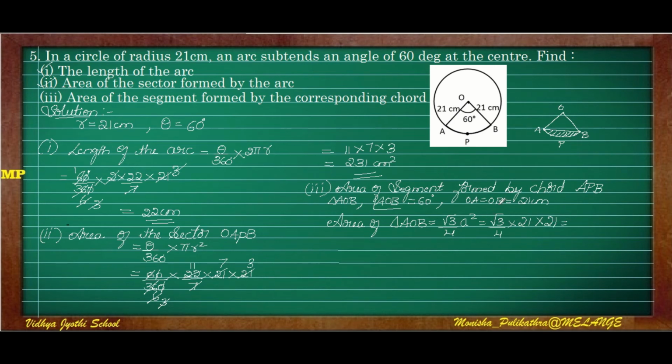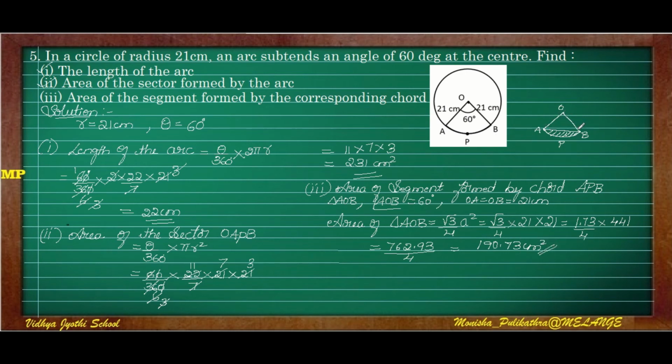We know the value of root 3 is 1.73, divided by 4, into 21 into 21, which is 441. If you multiply 1.73 into 441, you will get 762.93, divided by 4. The division of this will be 190.73 centimeter square. So this is the area of this triangle.